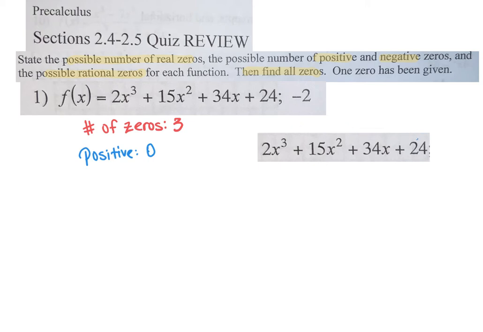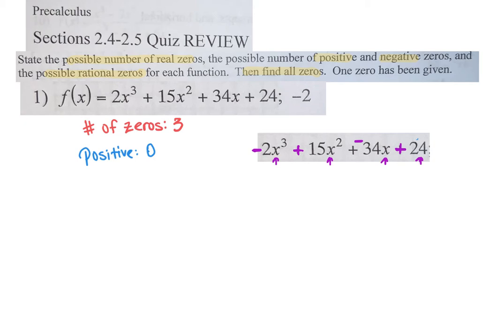So for the first one, if I plug in a negative to an x cubed right here, it's going to change the sign, because an odd exponent is going to change the sign. So this would become negative 2x cubed. And then here, if I take a negative to the second power, it's going to be positive. So this will stay a positive 15. That will not change the sign. I put a negative into an exponent of 1. It is going to change my sign. This does not have an x at all, so my sign remains the same.